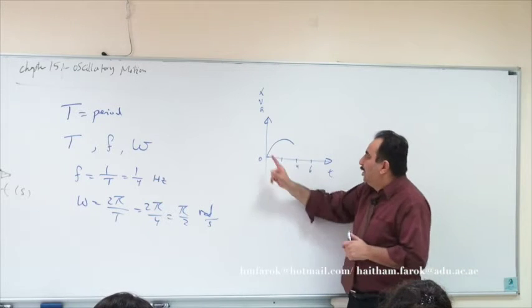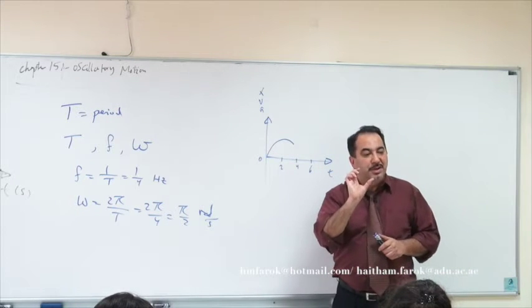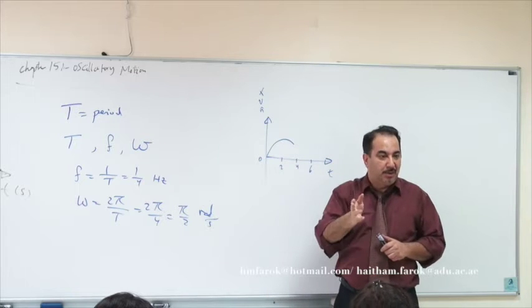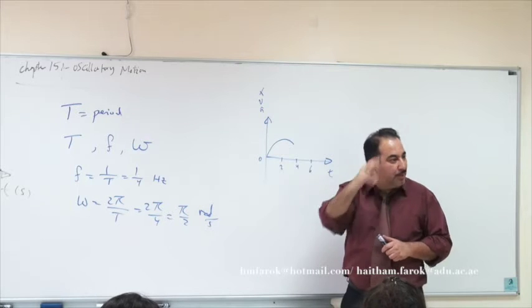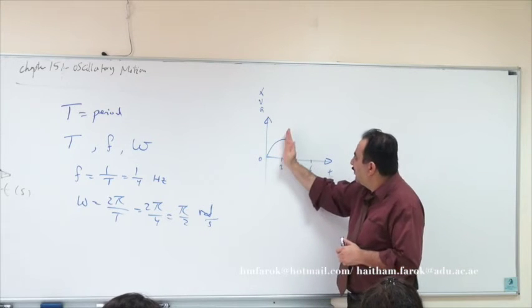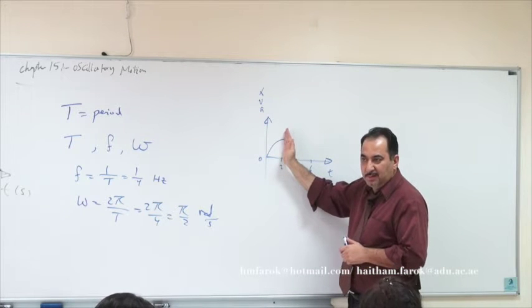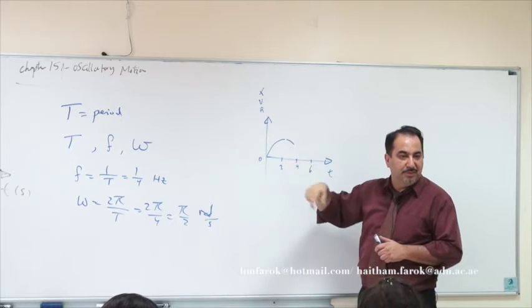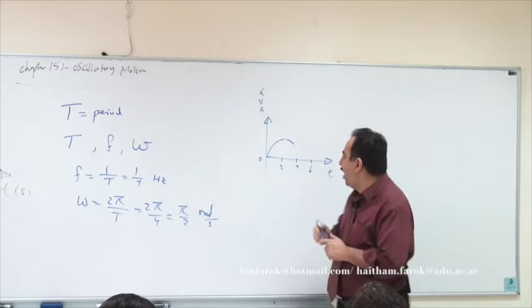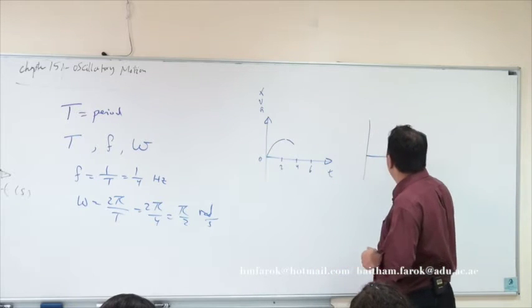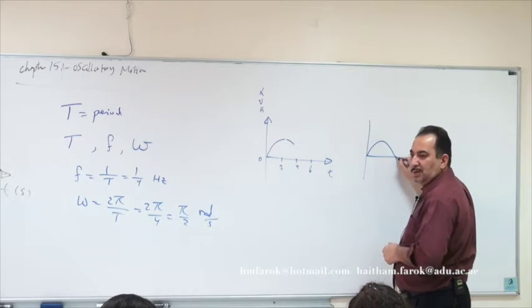Okay? The smallest part which you need is a quarter of a cycle. If you see a quarter, then you can find the total, yes? So here, up to 2 is a quarter of a cycle. Multiplied by 4, it gives you the period, yes? So you don't need a complete cycle, yeah? Sometimes half a cycle is clear. So what's the period here?